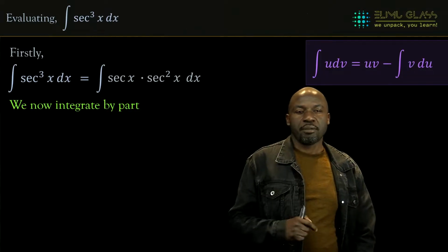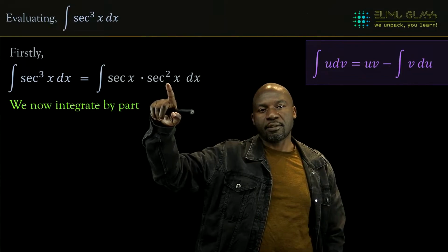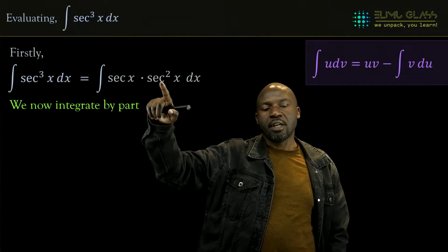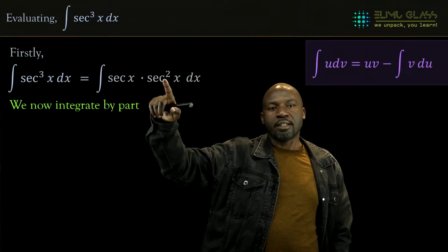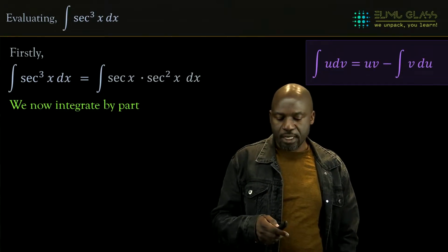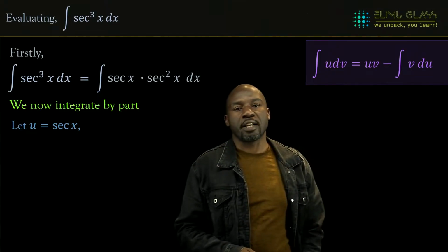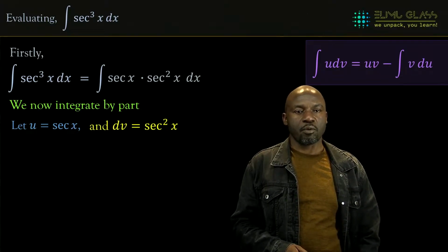Intentionally, because I know that the derivative of tan of x is secant squared of x, I'm going to let this be my dv. So I'll let secant of x be u and secant squared of x be my dv. Let u represent sec x and dv be secant squared of x.